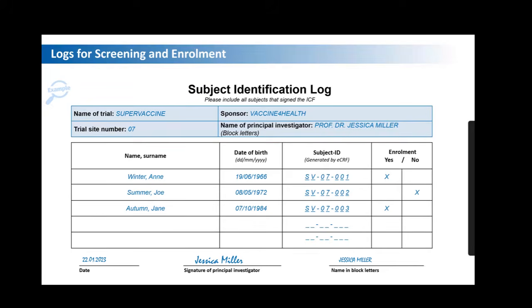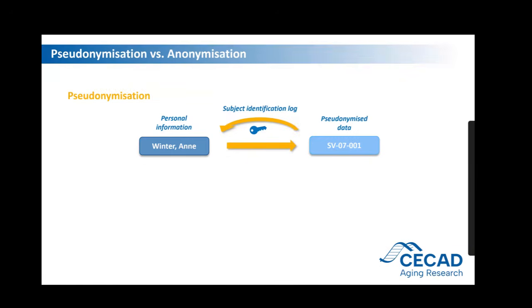And this is actually the key that allows you to have information about what person is actually standing behind this artificial subject ID. And this brings us to a very commonly mixed up phrasing of pseudonymization and anonymization.